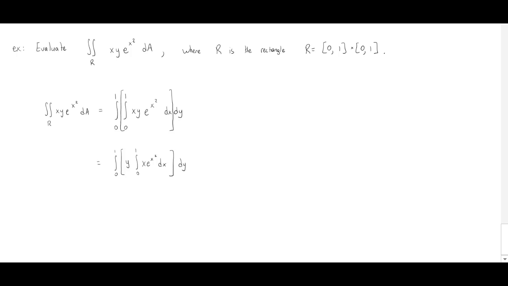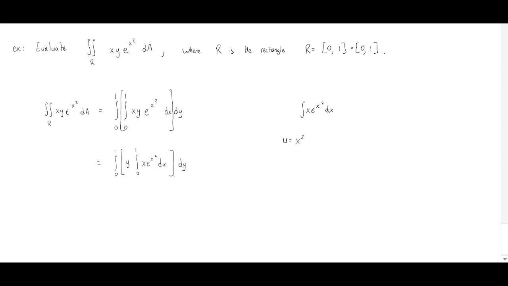To evaluate this, we need to do u substitution. I'm going to evaluate it off to the side. You can do this one a couple of different ways, but I'm going to do u is x squared, okay?